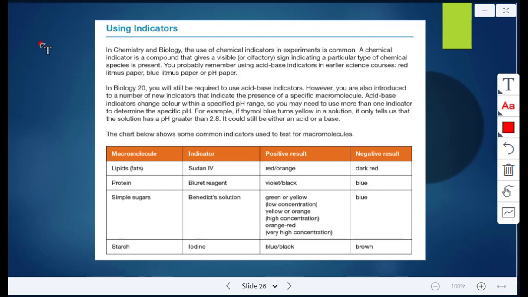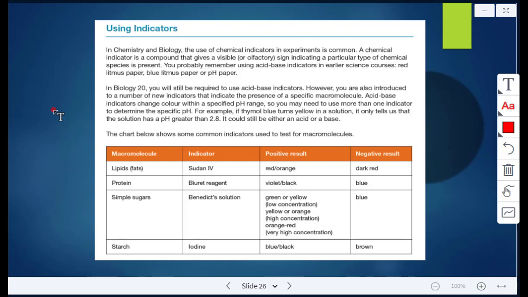And in Bio 20, you would use acid base indicators as well as some of these new indicators to indicate the presence of a specific macromolecule. Remember that acid base indicators change color depending on the pH range.